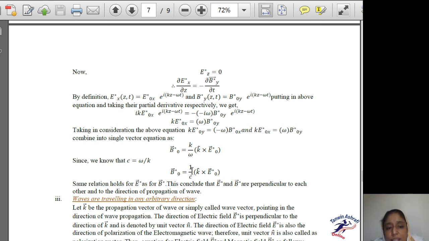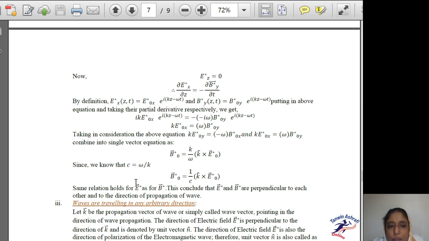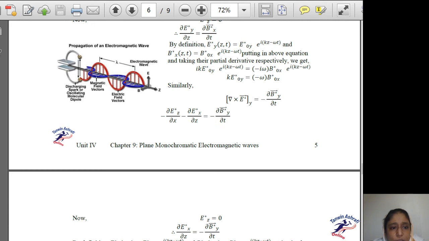Therefore we get B is equal to 1 by c, k in the z direction, cross product with the electric field amplitude. The same relation holds for E as for B. This concludes that E and B are both perpendicular to each other, and they are perpendicular also to the direction of propagation of the wave. As you can see from the figure, both are perpendicular to each other, even perpendicular to the direction of propagation.